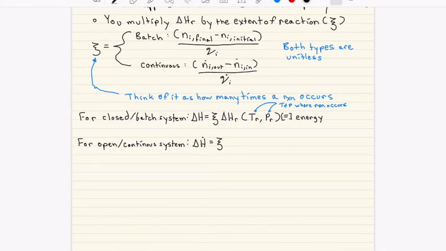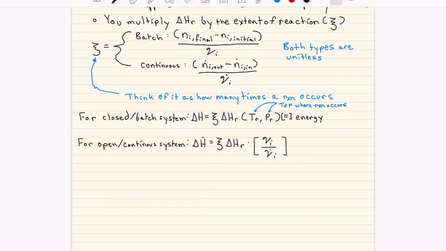This is going to be equal to our extent of reaction times our delta HR. But we're also going to multiply it by this term in brackets, which is the ratio of our stoichiometric coefficient for some species that reacts, times the stoichiometric coefficient rate.